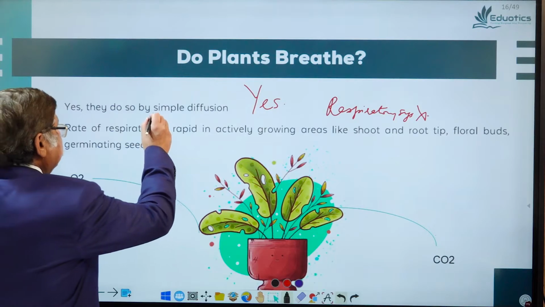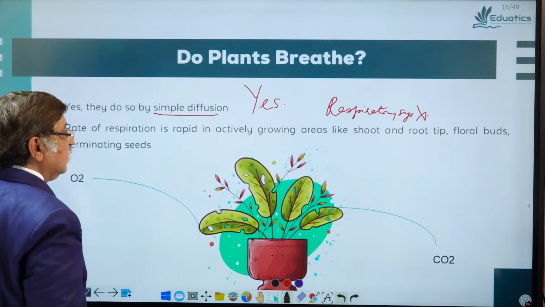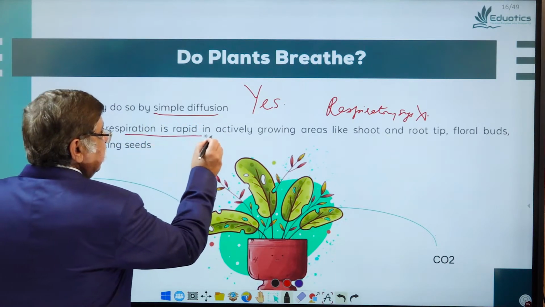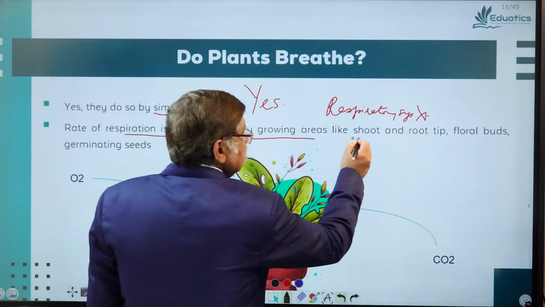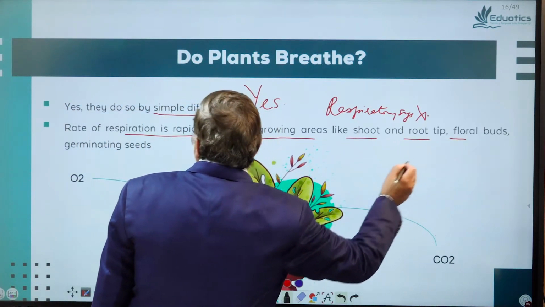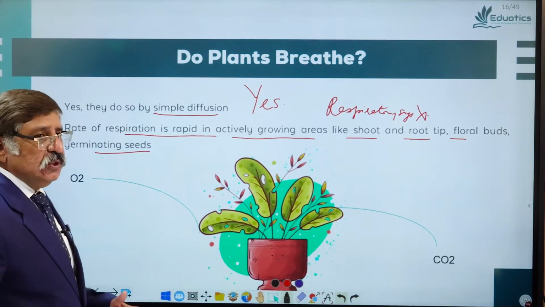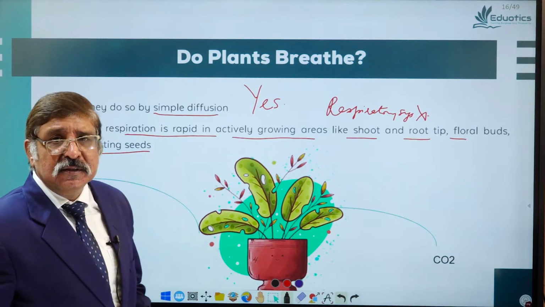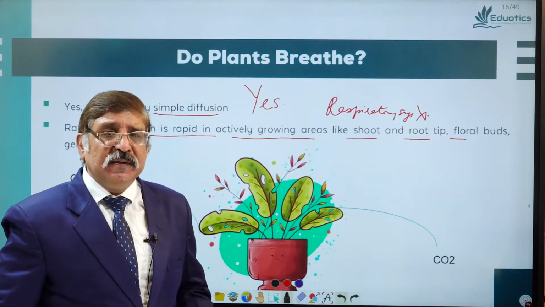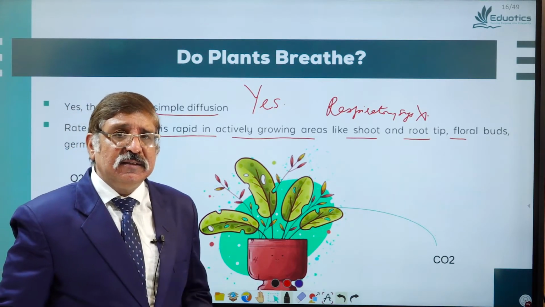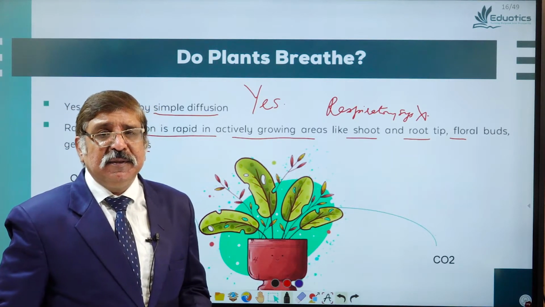That is simple diffusion. And the rate of respiration is rapid in actively growing areas like shoot, root tip, floral buds, germinating seeds, because new cells have to be formed. Energy is required for the manufacture of new cells and cell organelles. So that's why the rate of respiration increases.